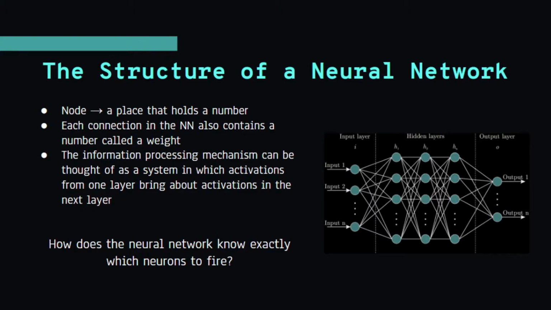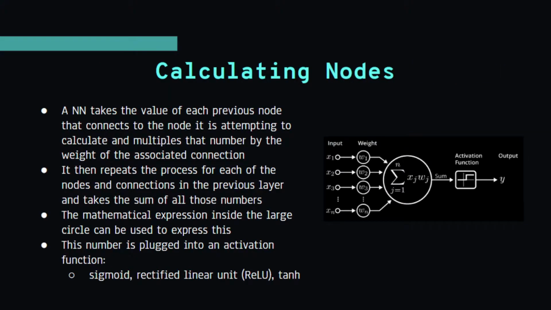So how exactly does the neural network know which neurons to fire? How does it know which ones to activate, which ones to not activate? Let's get into that. In order to calculate nodes, a neural network takes the value of each previous node that connects to the node it is attempting to calculate and multiplies that number by the weight of the associated connection.